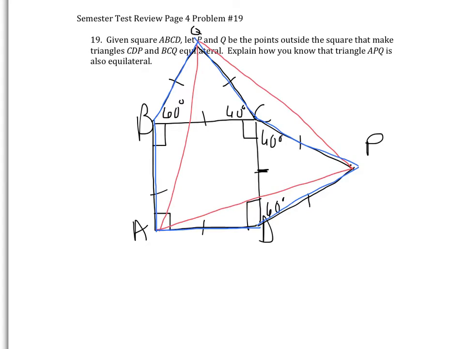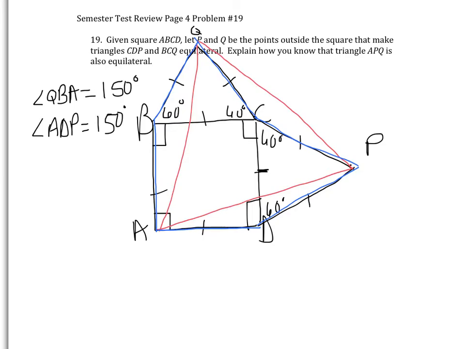In looking at this, I see that angle B, the big angle B, or angle QBA, has a total degree measure of 90 plus 60, or 150 degrees. I also notice that angle ADP is in the same boat because it's 90 plus 60.